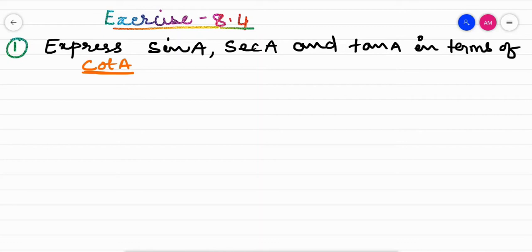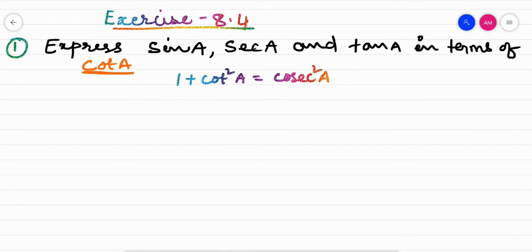Now see, for sine A, if we are choosing 1 plus cot square A, see here, 1 plus cot square A is equal to cosec square A. We can reach at one point. See, cosec is nothing but 1 by sine. So we are reaching here.